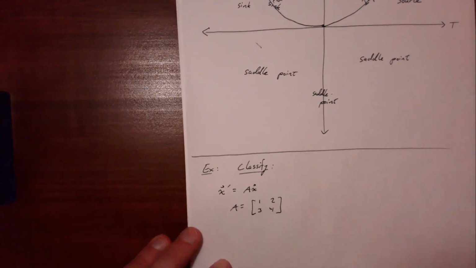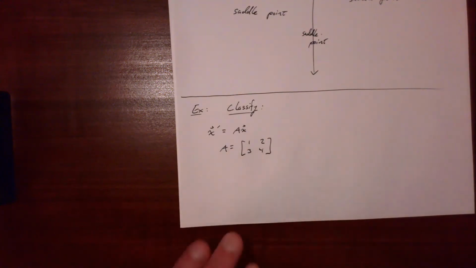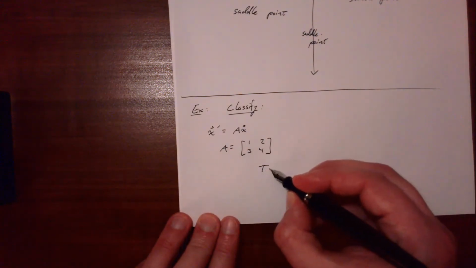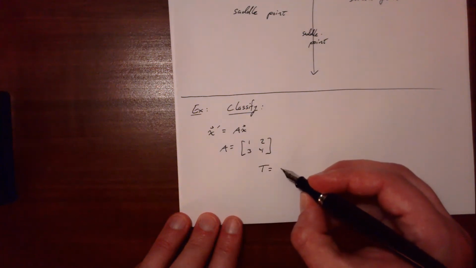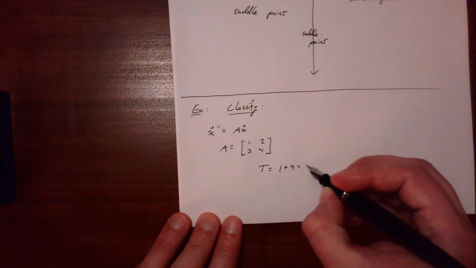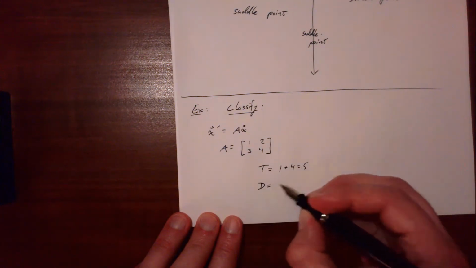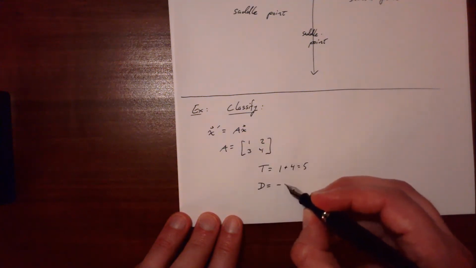Doesn't have to be anything fancy. We can just quickly figure out what the trace and determinant are. So trace is 1 plus 4 equals 5. Determinant equals 1 times 4 minus 6 is equal to negative 6.